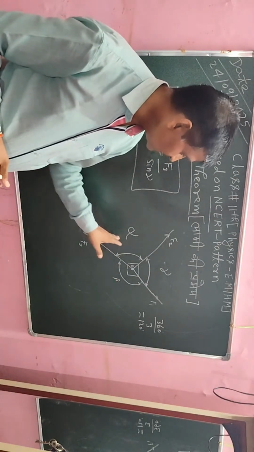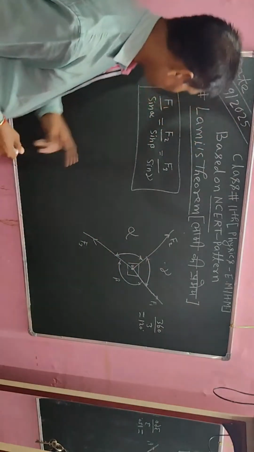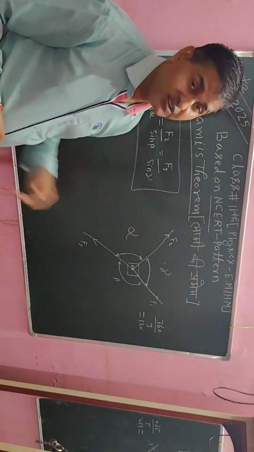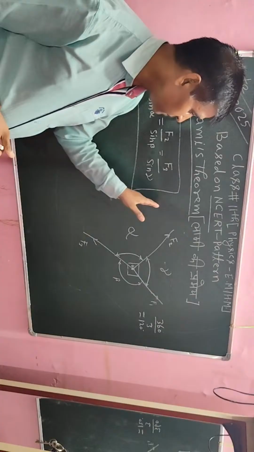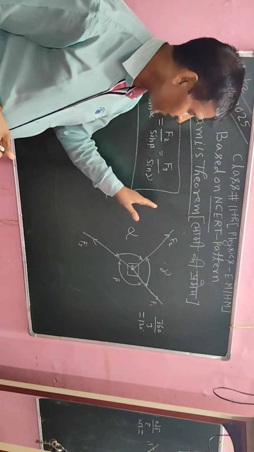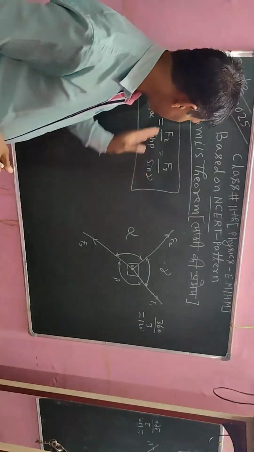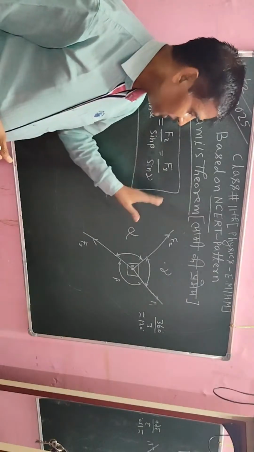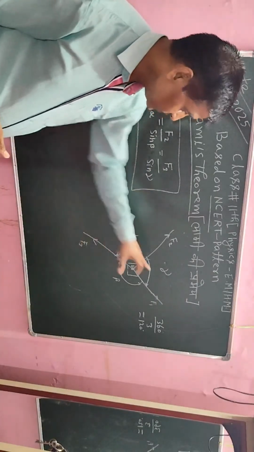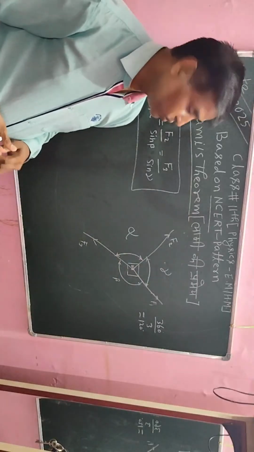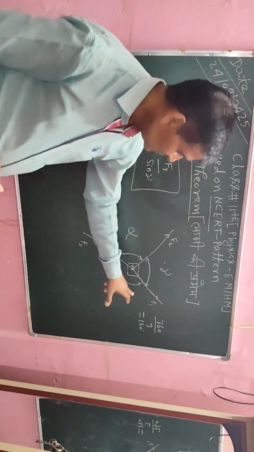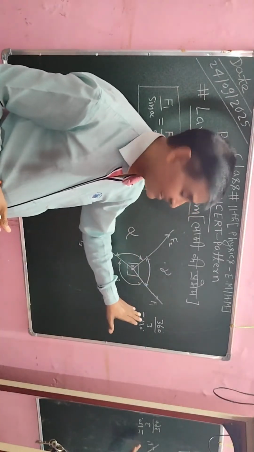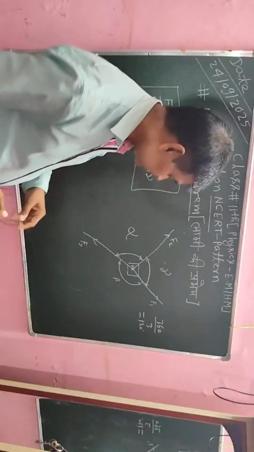Then I calculate sin 60, sin 60, sin 60 and say all the ratios are equal. I adjust one unknown parameter and equate, and after equating we get the values of F1, F2 and F3 according to Lami's theorem. This is a special case, which I can explain later.